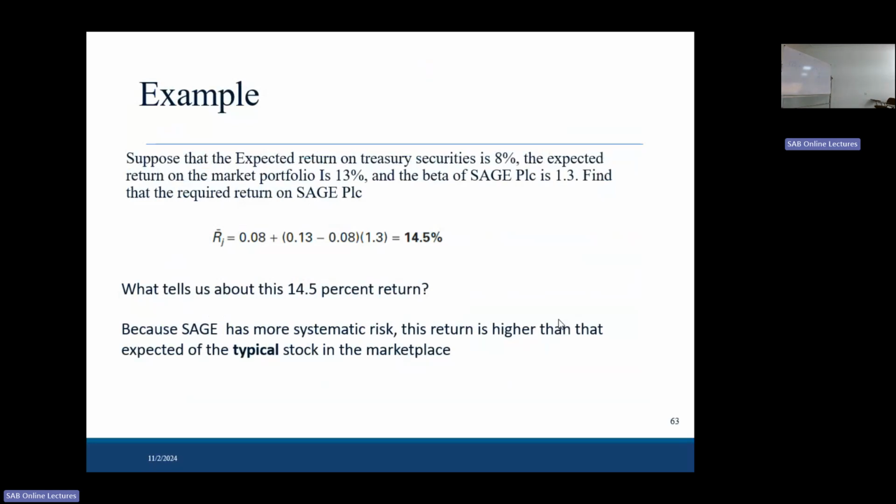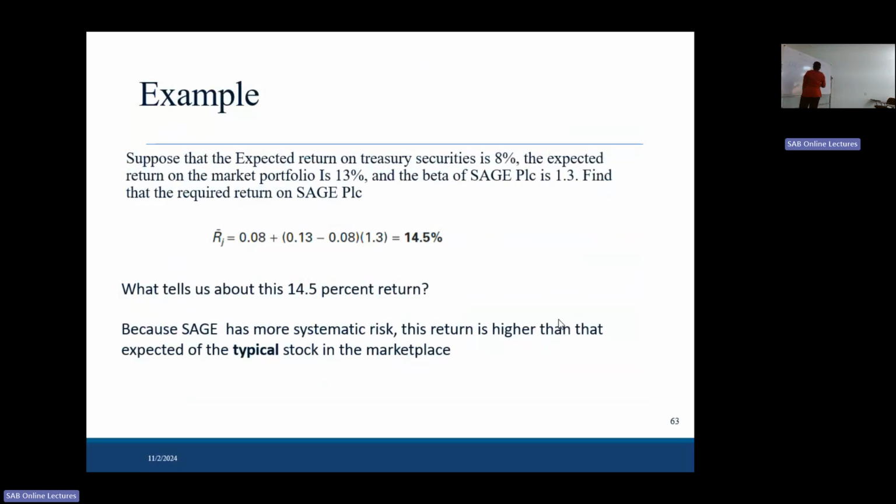Find the required rate of return for Sage PLC. So you have to apply the capital asset pricing model. Risk-free rate is 8% plus beta 1.3 into the market risk premium. You can calculate market return 13% minus 8%, so this is the market risk premium.